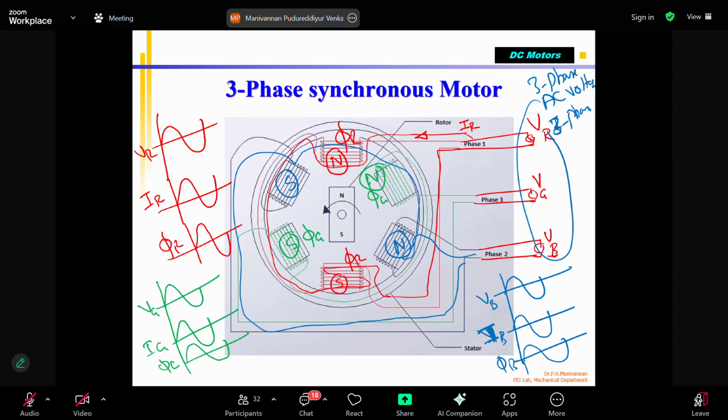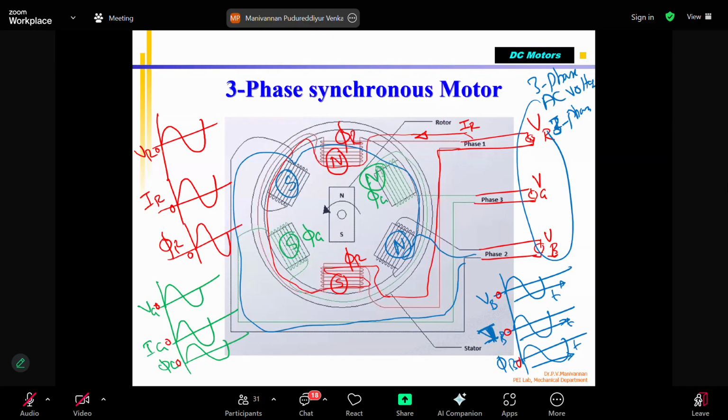It varies sinusoidally, where the x-axis is time and the y-axis is the amplitude of the voltage in each phase. Correct? This is time, this is time, this is time. In the red phase, the voltage starts at 0 volts. Please note that the current and all these things are 0.